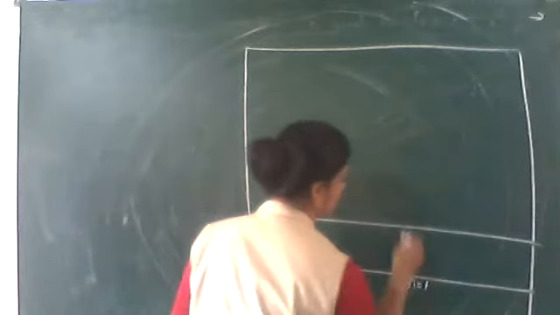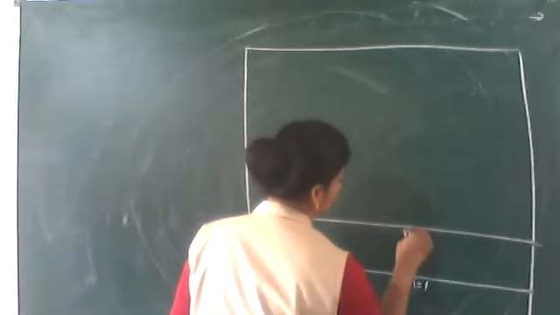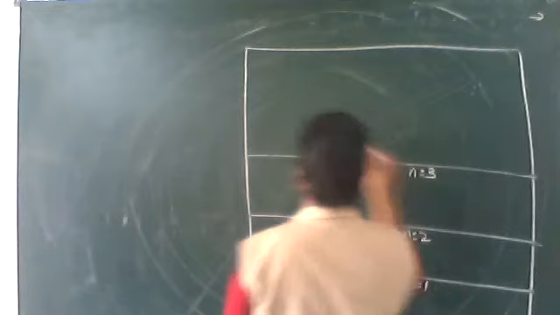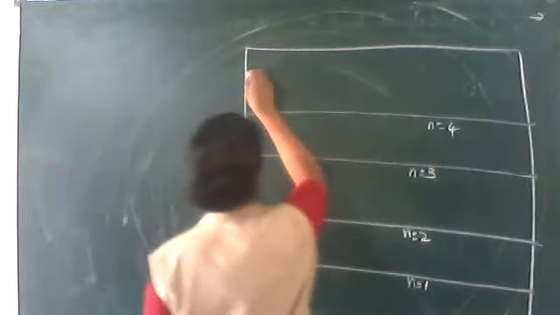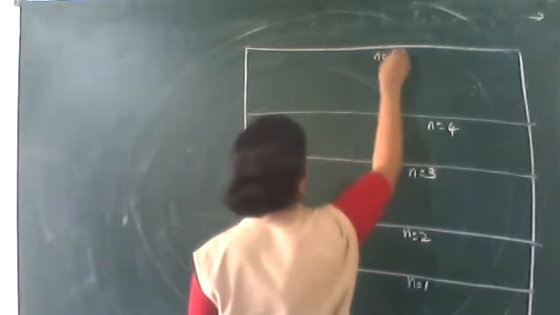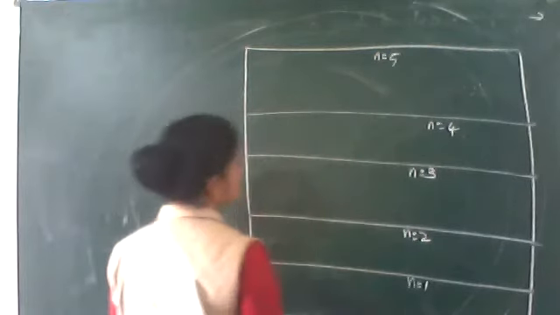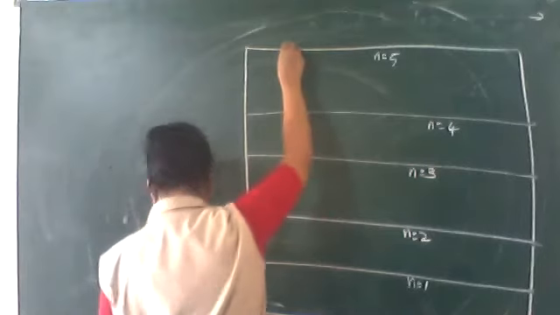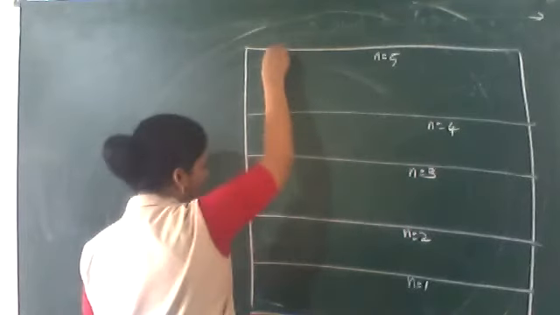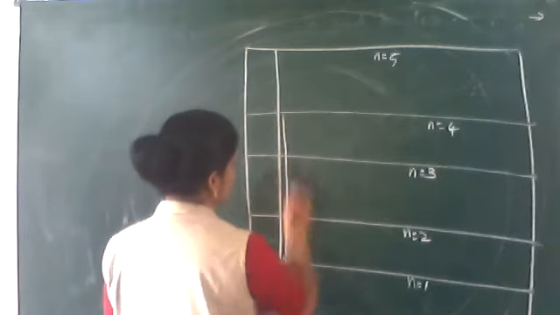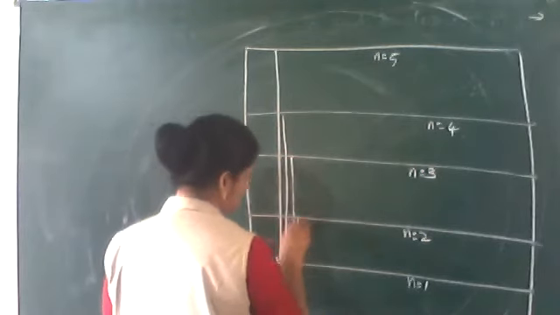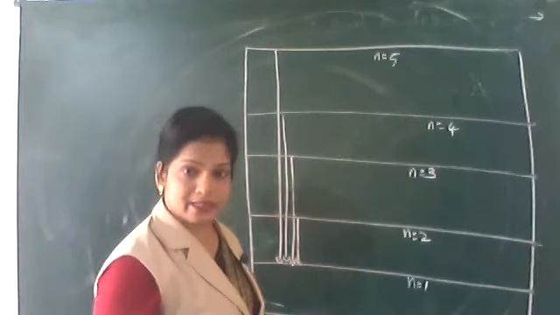N is equal to 1, N is equal to 2, N is equal to 3, N is equal to 4, N is equal to 5, like that. From higher orbit to N is equal to 1, this is Lyman series.